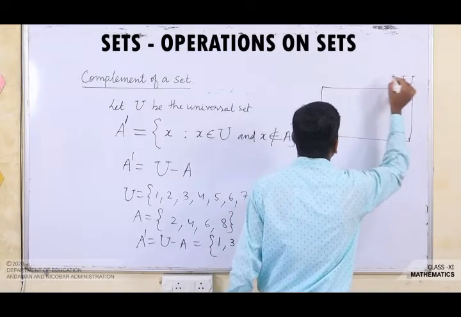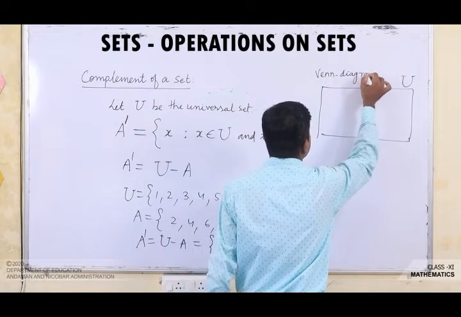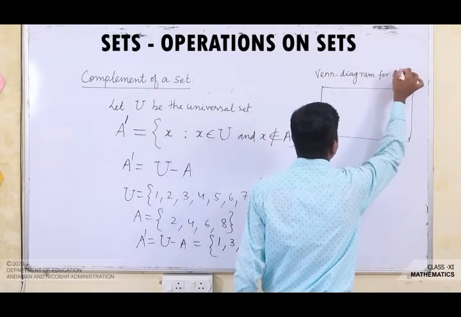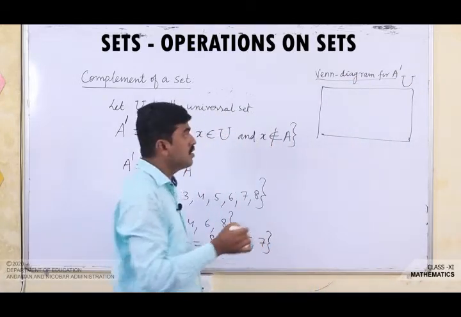So it is the universal set Venn diagram for the complement of a set, A dash. Just draw the rectangle, that is the universal set.